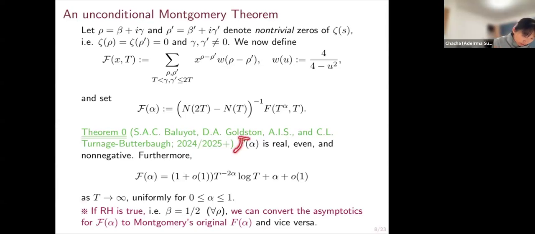Sorry, I forgot to change this to f, calligraphic F, because we are working with this calligraphic F. So basically, we still have the same statement. This function is real, even and non-negative, and it satisfies this asymptotic formula as t goes to infinity, and this holds uniformly for alpha in between 0 and 1. Because this is even, it works for alpha in between -1 and 1.